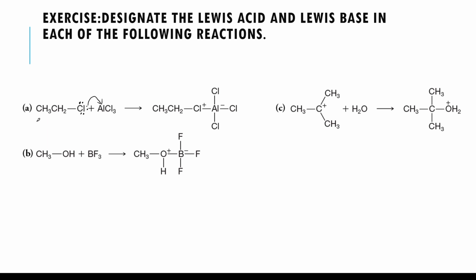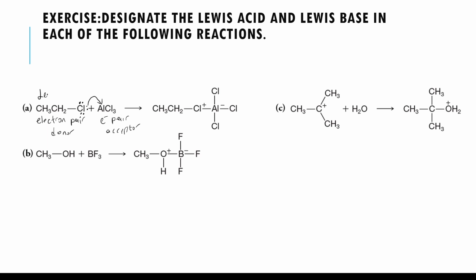Let's write here: electron pair donor, and aluminum chloride is an electron pair acceptor. Based on this information, we are going to say that electron pair donors are bases.